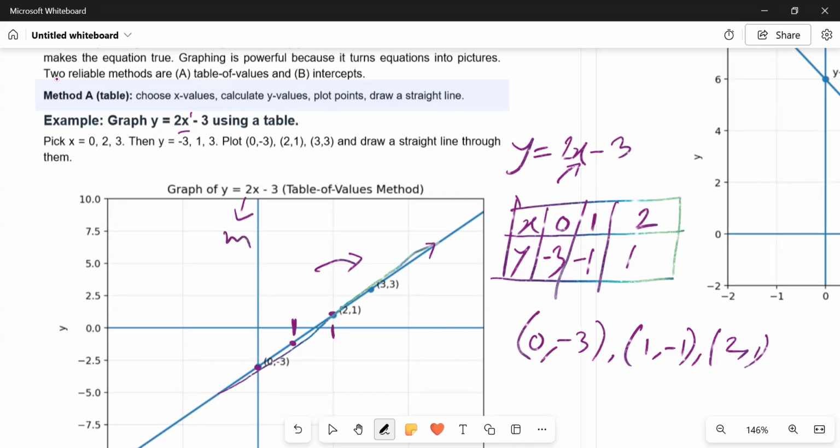So positive slope means that from left to right, the values are going to increase. So if you see from left to right, the more I go, the more the value of y increases.